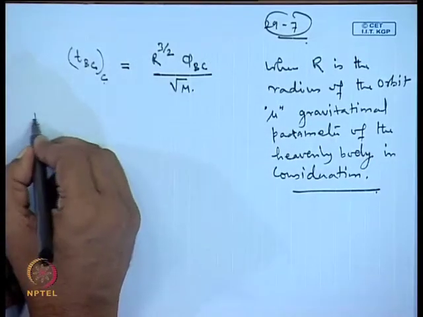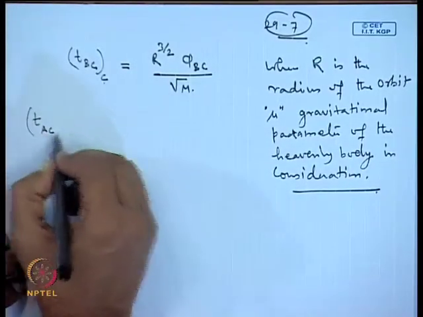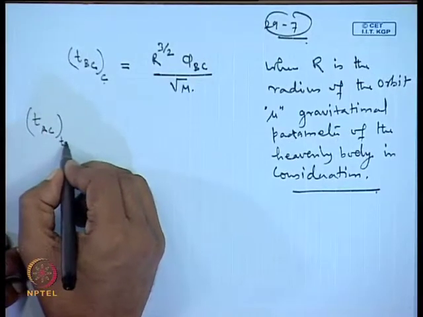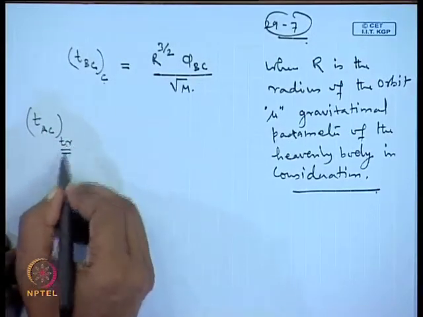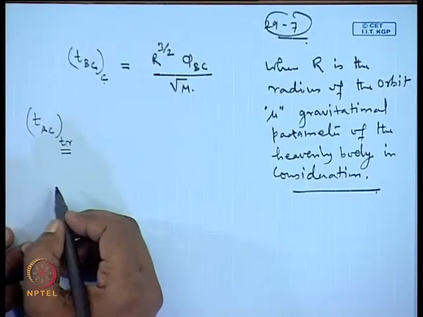Now, we need to work out TAC transfer. So, we will just indicate this with the subscript TR to be short. Okay.